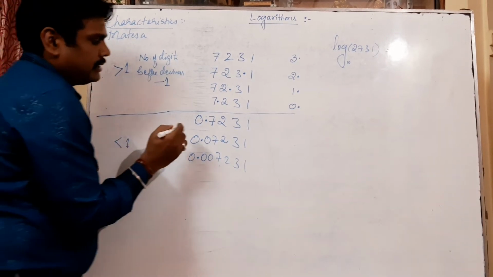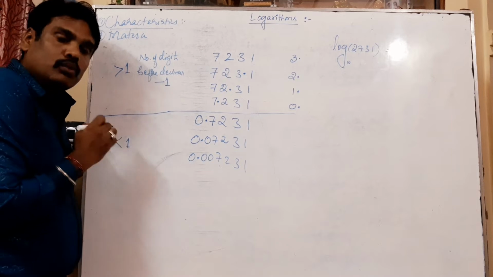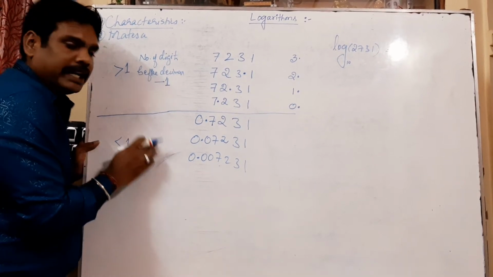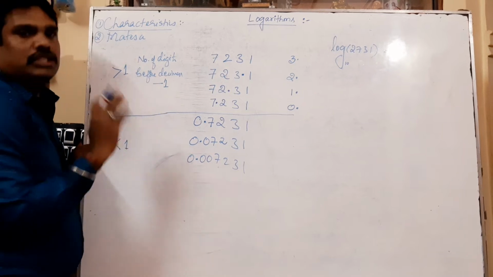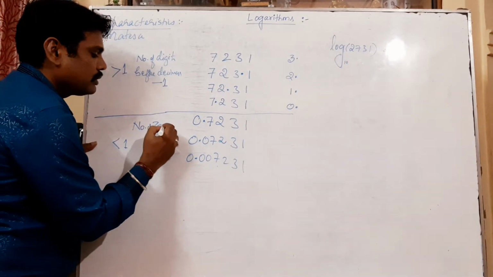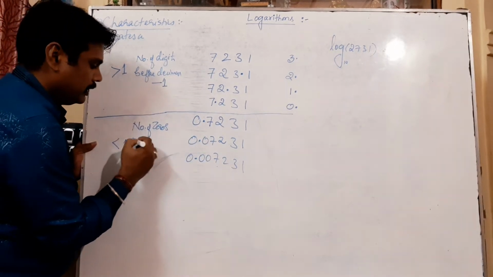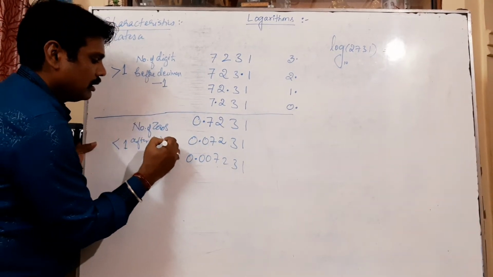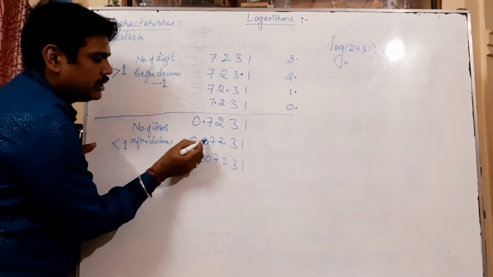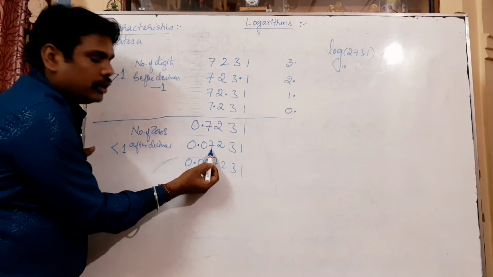The second point is, if the number is less than 1, which means in logarithmic language it is a negative number, the rule changes. You count the number of zeros after the decimal, till the number is not equal to 0.